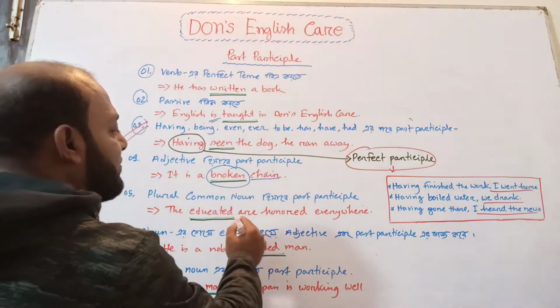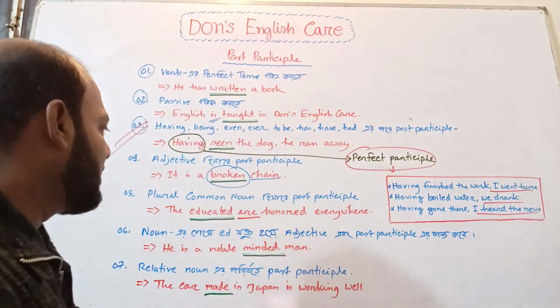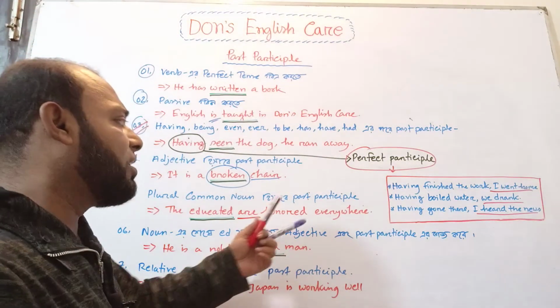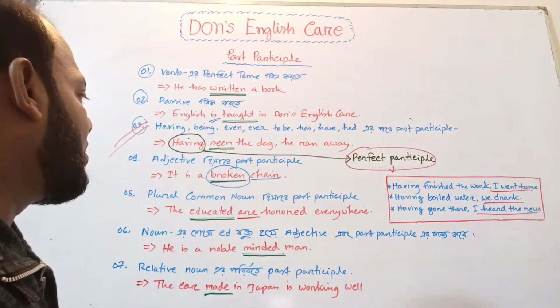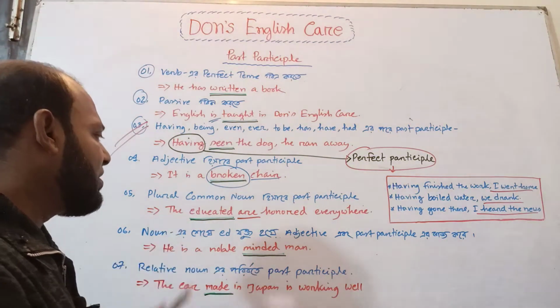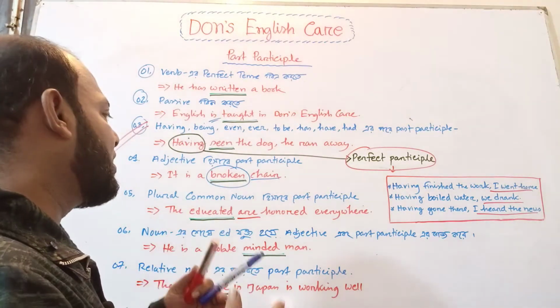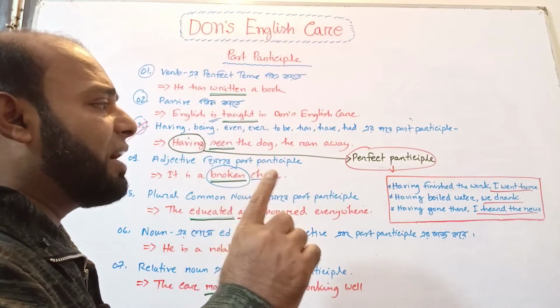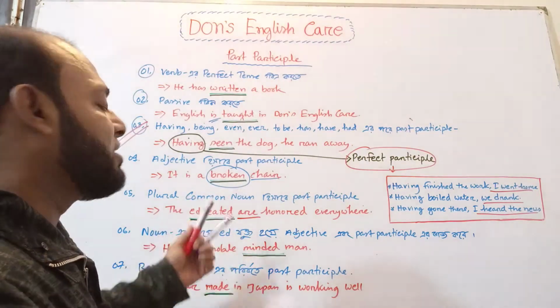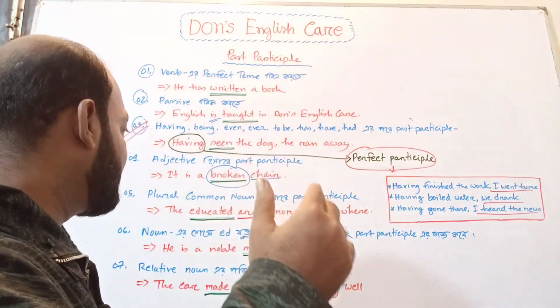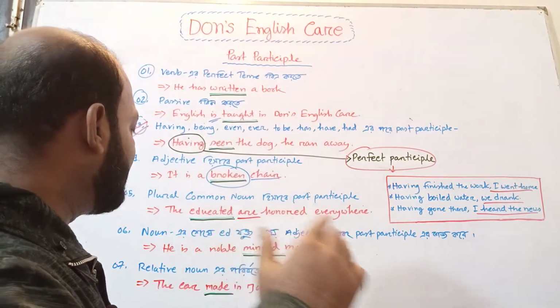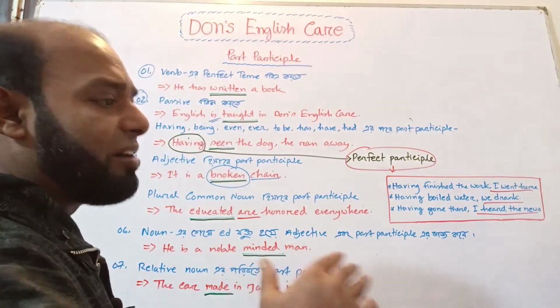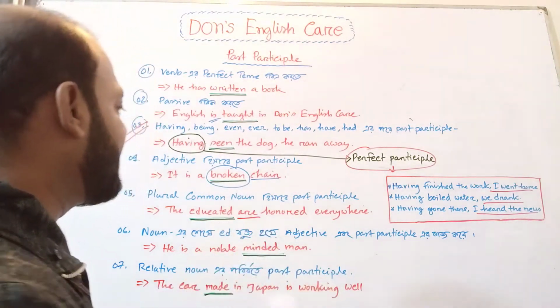So we have set up a plural verb here. The educated are honored everywhere. And you can see before the plural common noun there is an article, the educated, the learned.